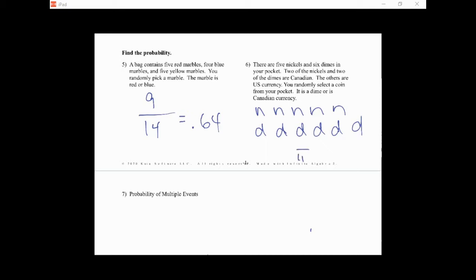There are 2 of the nickels and 2 of the dimes that are Canadian. The rest are US. You randomly select a coin. It is a dime, so all the dimes, or it is Canadian, which would be 8. 8 out of 11, or 0.72. Okay.